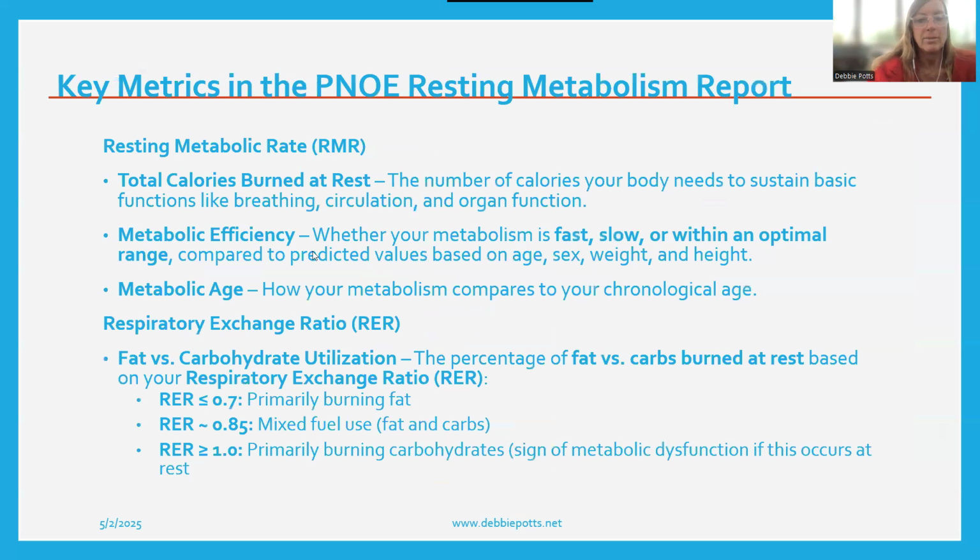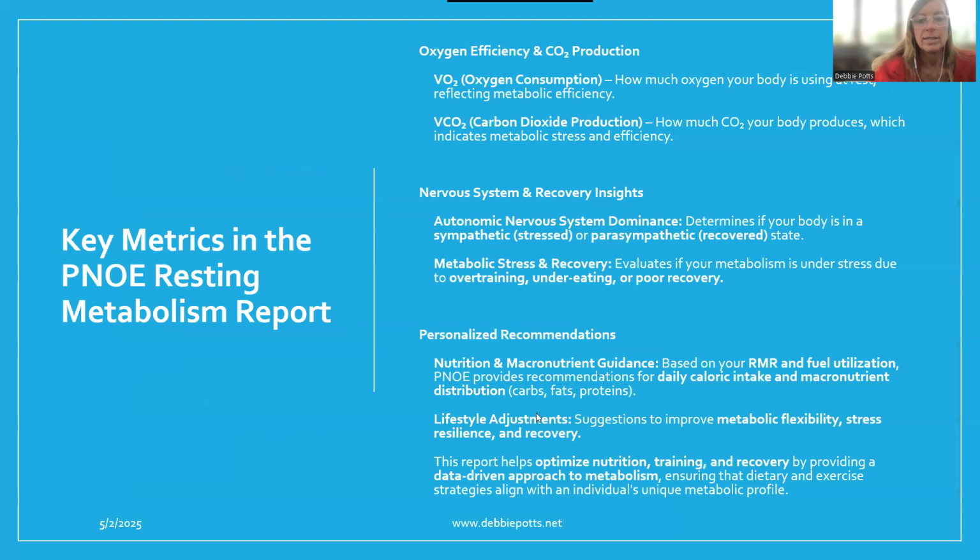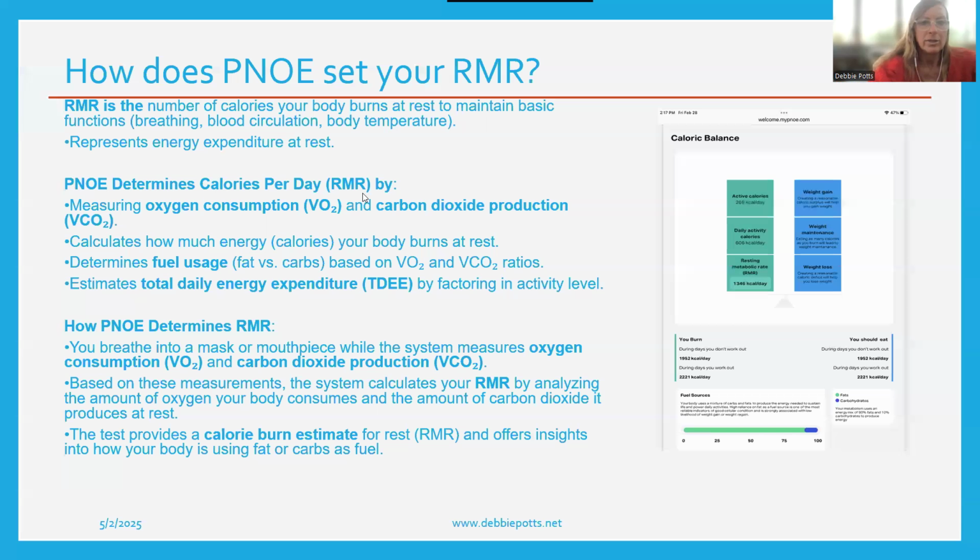And the resting metabolism test, we're looking at your metabolic age, respiratory exchange ratio we talked about, calories burned at rest. And then we're looking at personalized macronutrients if you need to improve your mTOR versus AMPK. I will get some clues towards that if your nervous system is out of balance. And looking at your calories a day and then your percentage of fat to carbohydrates as in this chart on the right.